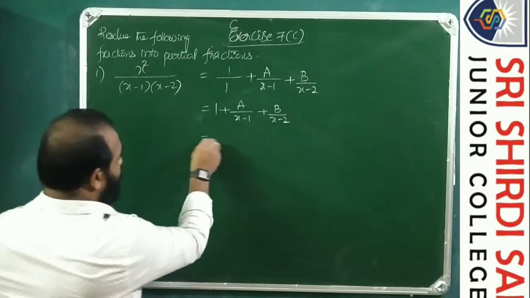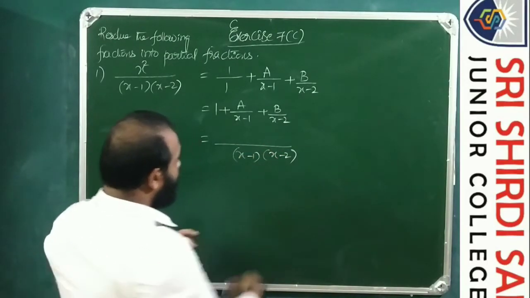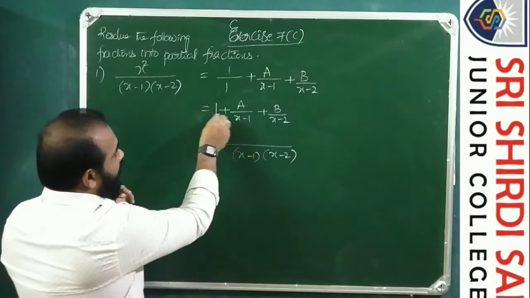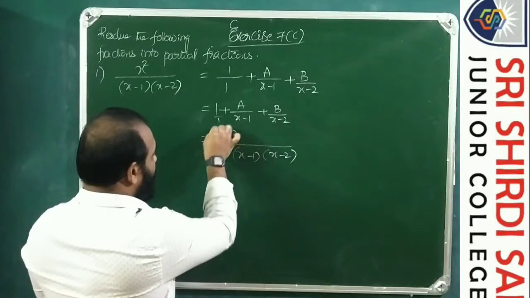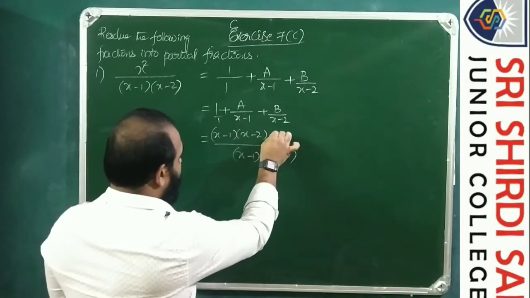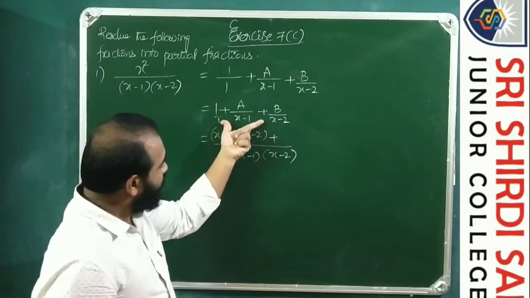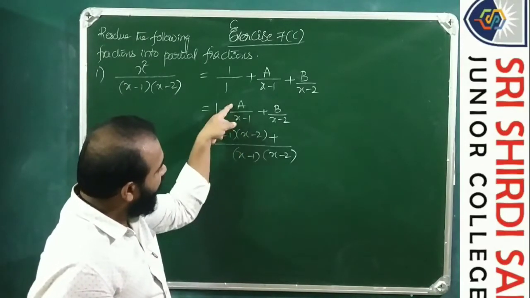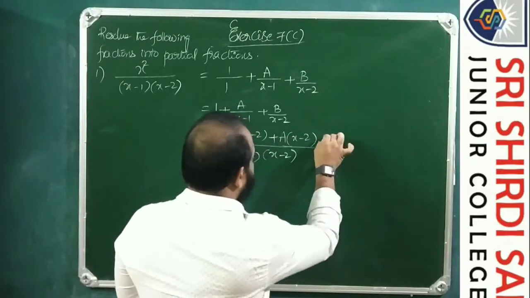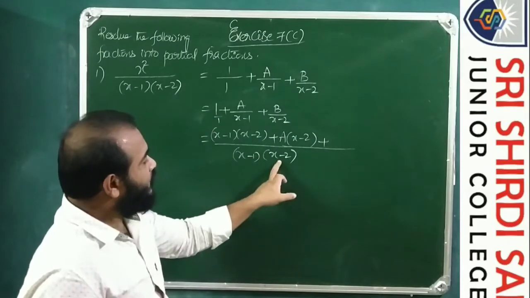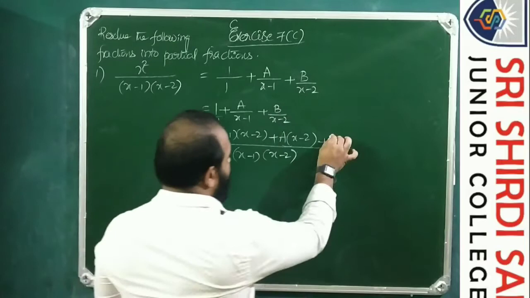So this is equal to, the LCM here is x minus 1 into x minus 2. By 1 is x minus 1 into x minus 2 only. So this is x minus 1 into x minus 2, plus A into x minus 1 into x minus 2 by x minus 1, so this gets cancelled, A into x minus 2, plus B into x minus 1 into x minus 2 by x minus 2, x minus 2 gets cancelled, B into x minus 1.